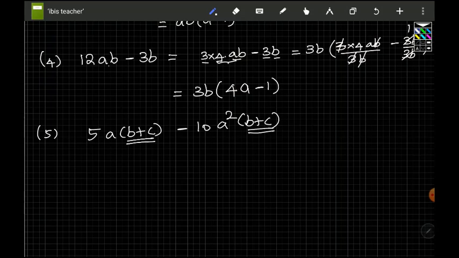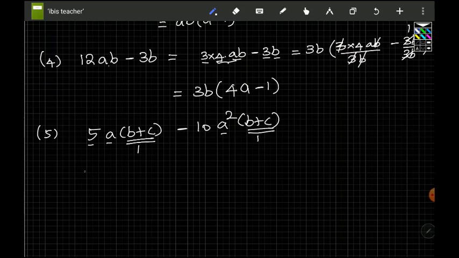So B plus C means you will first add and then only multiply. So here also this is one term and this is also one term. In each term, B plus C is one factor, A is another factor, 5 is another factor, because 10 can be written as 2 times 5.